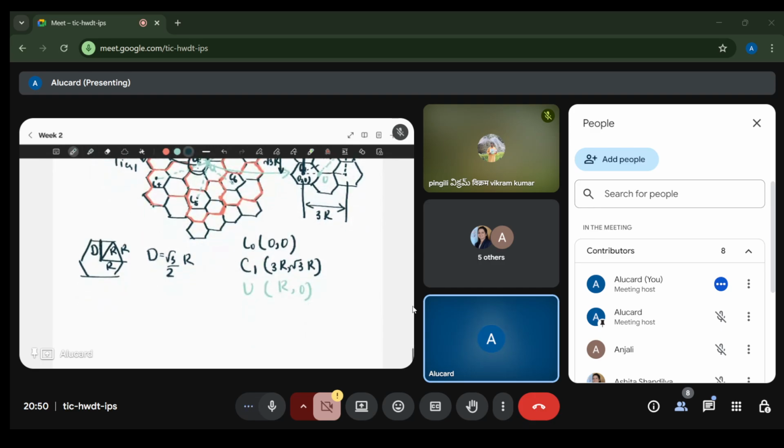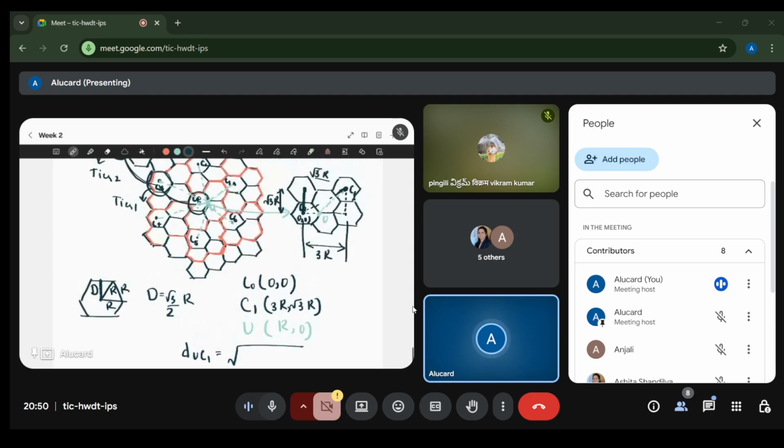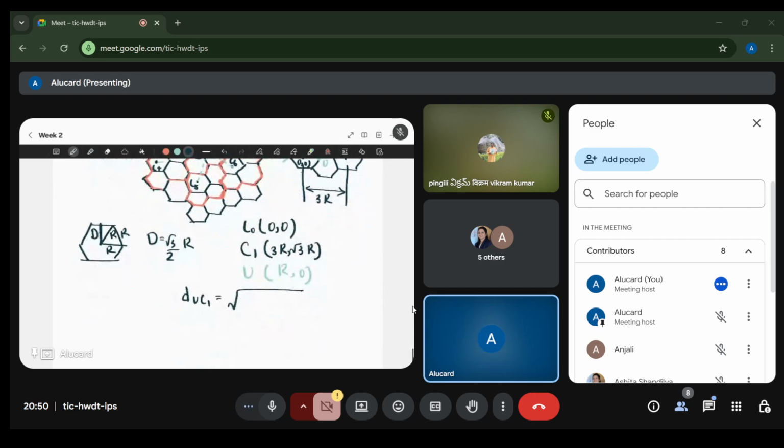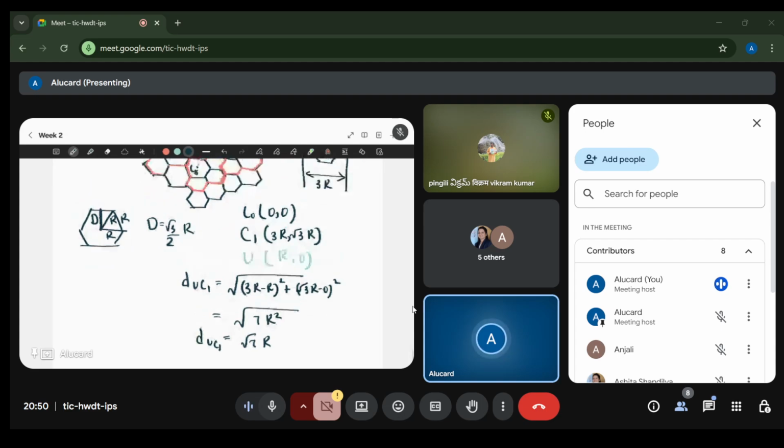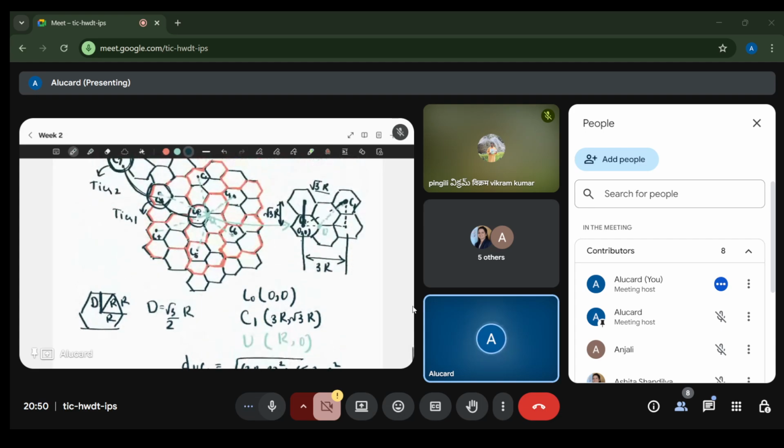So the distance between U and C1, taking a rectangular coordinate system, is just (3R minus R) whole squared plus (root 3R minus 0) whole squared, which is 7R squared, so root 7R. And this is the closest distance.